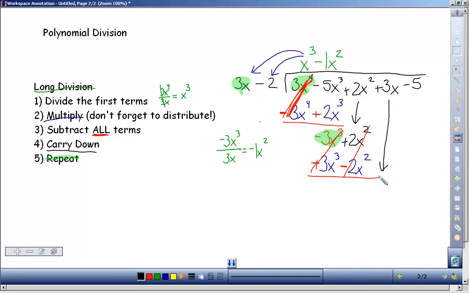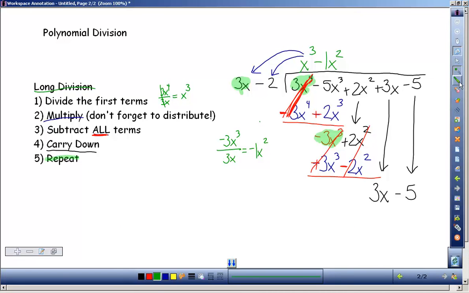Now we're at the carry down step. So I'm going to carry down a positive 3x. And since these canceled out, I probably need to go ahead and carry down the second one as well. That was a double bonus. That just means I have one less step to go. So let's repeat, because again, you keep repeating till you run out of things to carry down.